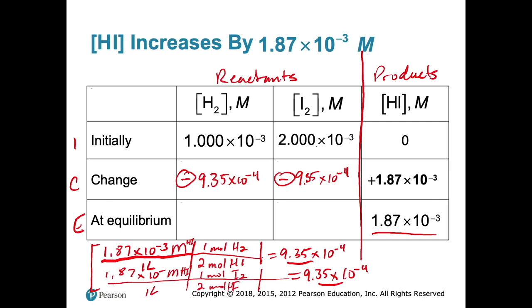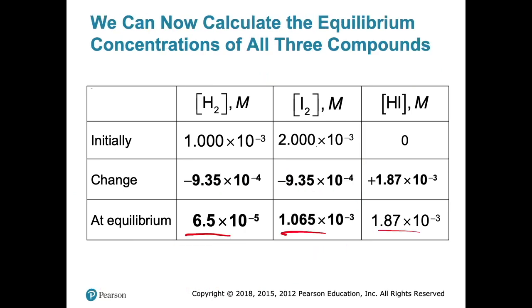The other answer that was there was subtracting from the initial. That doesn't happen until after you get these numbers, and that's finding the equilibrium concentration. So finding the change requires the stoichiometry calculation. Okay.